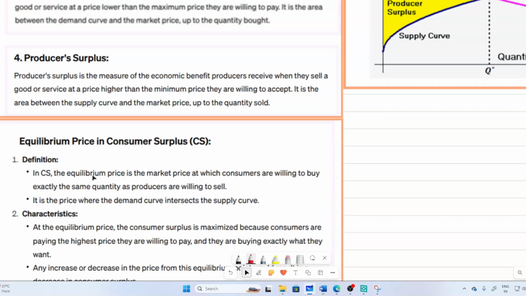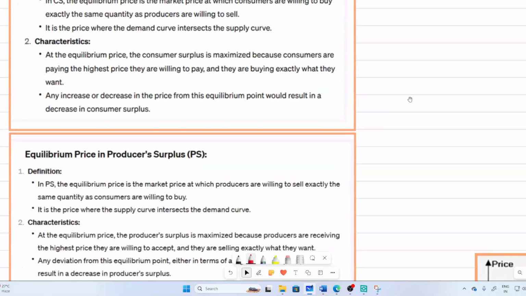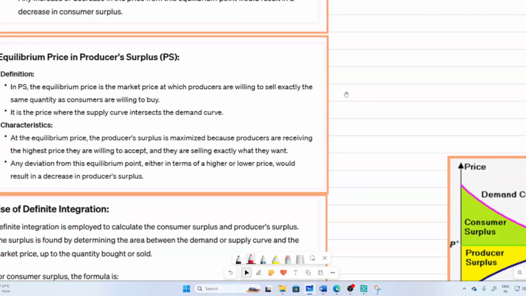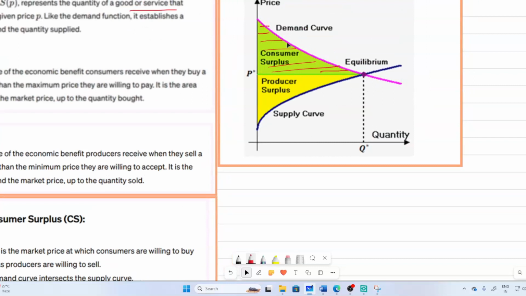The equilibrium price is the market price at which consumers are willing to buy exactly the same quantity as producers are willing to sell. Equilibrium price is found by calculation, by making the supply function and demand function the same.